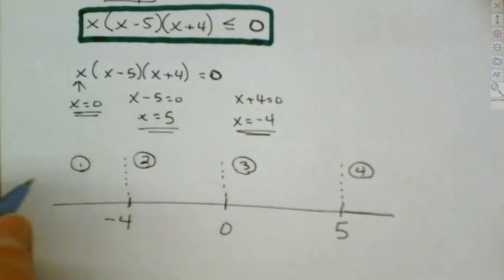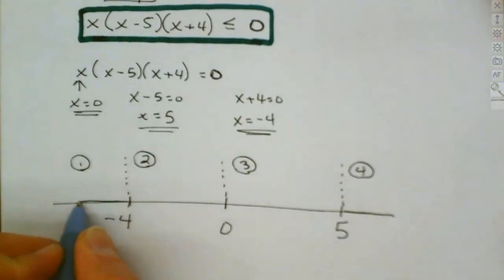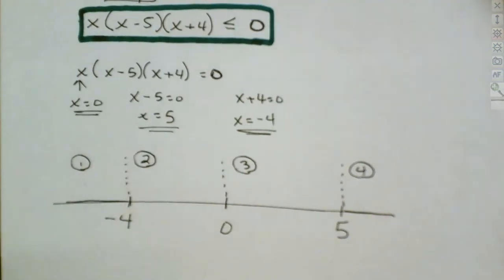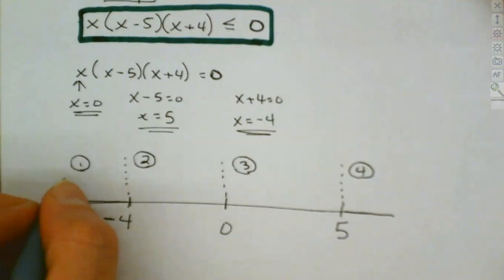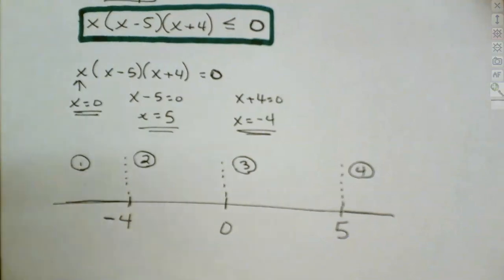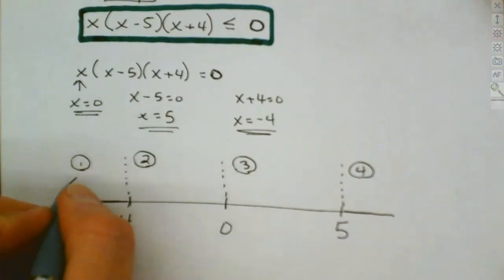So region number 1, and I always like to work from left to right, region number 1 is numbers that are smaller than negative 4. Any number will work. You want it to be as easy to work with as possible.